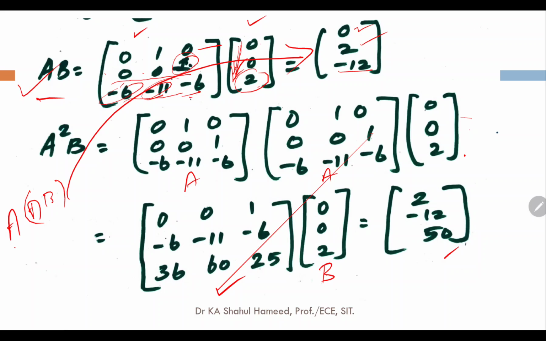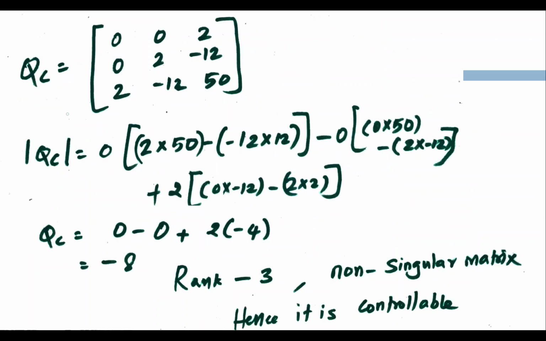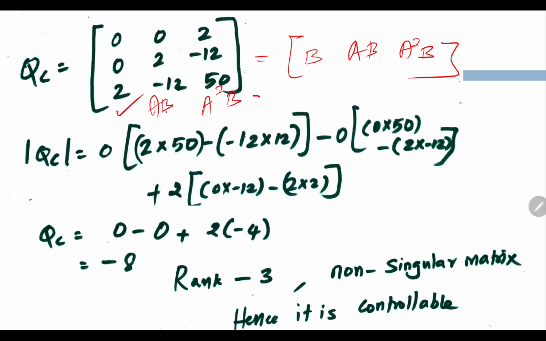Now we have to substitute all these things in the composite matrix. When we are forming the composite matrix, that is B, AB, and A square B, we get 0 0 2. This is B, this is AB, and this is A square B. We get this matrix.